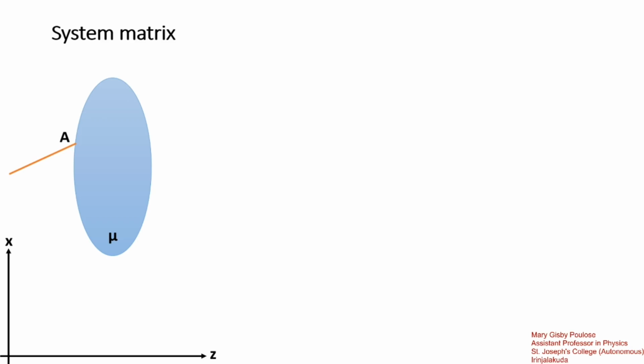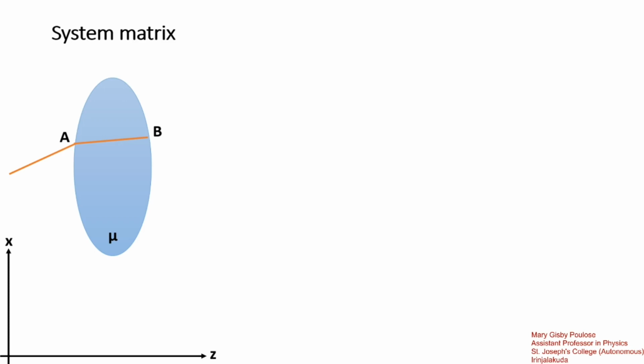On the first refracting surface, at point A, light will undergo the first operation, refraction. After it refracts, it travels through the lens, that is, through a homogeneous medium, so it translates through the lens to the point B. So it undergoes the second operation, translation.